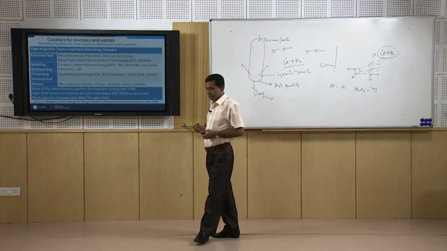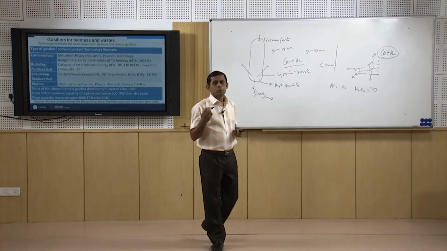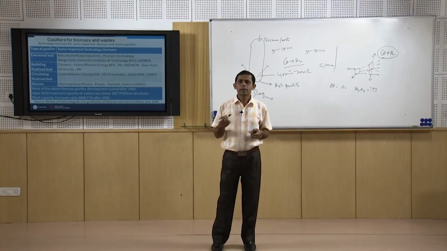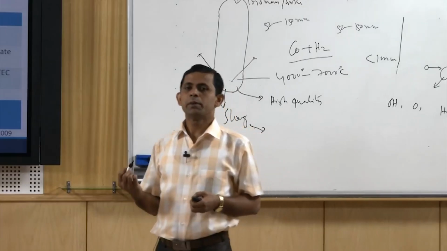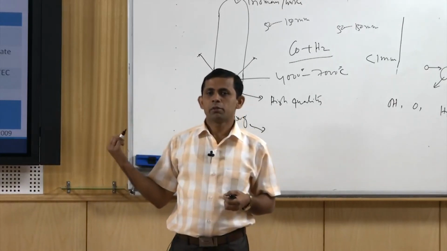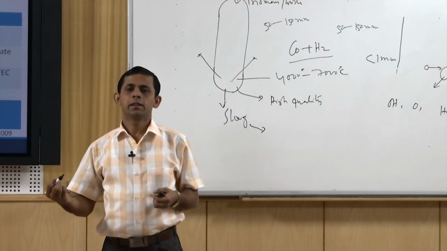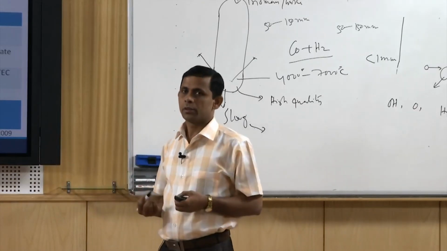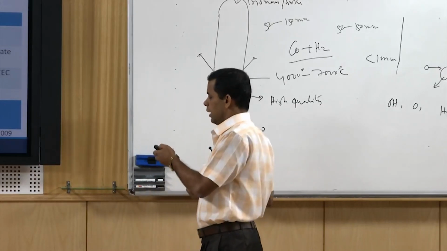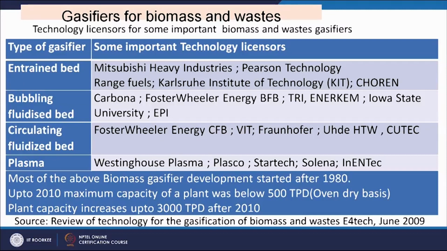Now we will see some technology licensors. Actually the coal gasifiers were developed and licensed by many technology licensors. Later on the concept of biomass and waste gasification came, and some other companies worked on it and licensed their technologies. So here some important technology licensors are tabulated for entrained bed, bubbling fluidized bed, circulating fluidized bed and plasma gasifiers.